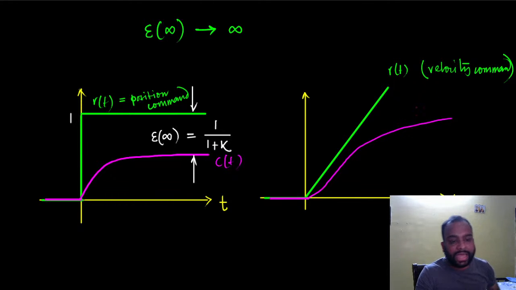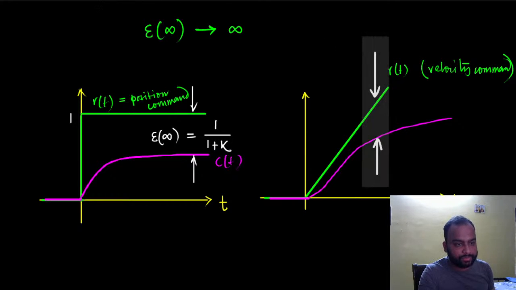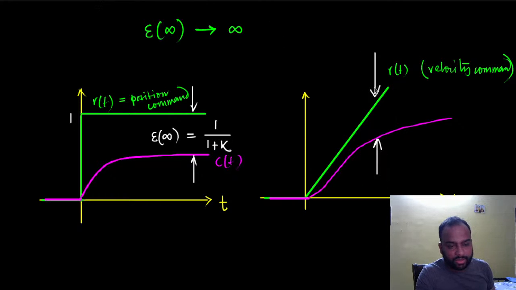So the error will keep on increasing, right? As the time goes on, the error keeps on increasing. So this is what the response of the system looks like.